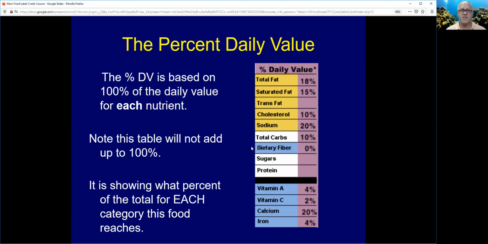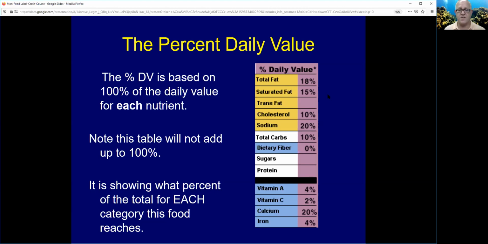Let's look at this percent daily value. The percent daily value is based upon 100% of the daily value for each nutrient. Note that this table will never add up to 100% because we're only looking at what is the value of that particular item within its total value for the day. So total fat, 18%.